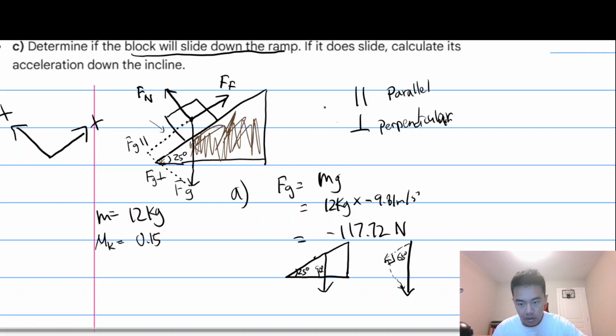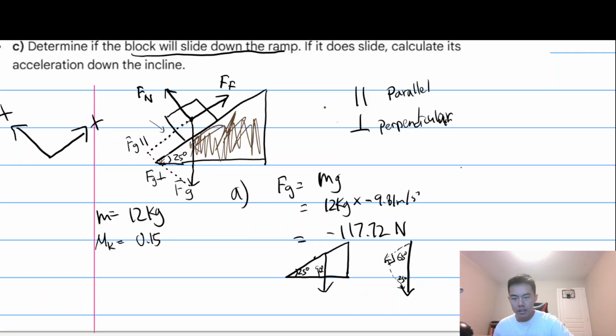So this would be 25 degrees, because out of muscle memory perhaps, I just remember this angle being 25, but that's only if you draw your triangle like this, because this would be your perpendicular and this would be your parallel.